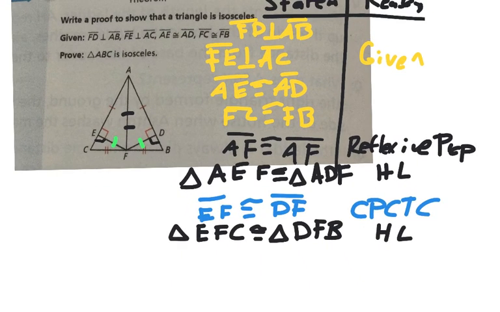And so as soon as I say they're congruent, what does that mean? That means all of the other parts are congruent to their corresponding parts. So that means this angle and this angle are congruent. It means angle C and angle B are congruent. It means that CE and DB are congruent.